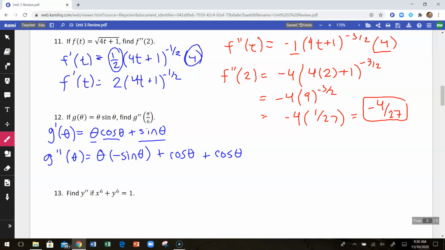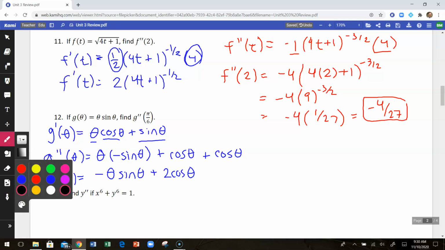Now I'm going to make this look a little bit better before I plug in pi over 6. So g double prime of theta is going to be negative theta sine theta plus 2 cosine theta.